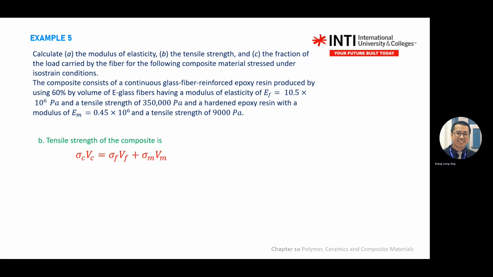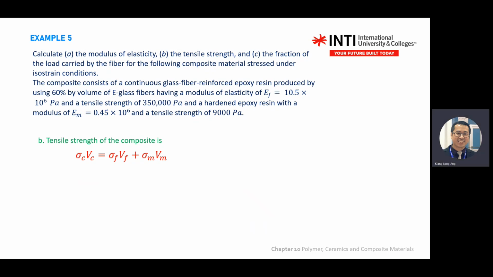What about B? B is also the same. The composite will equal to the fraction of fiber plus matrix. But here you use sigma, because it asks you about tensile strength. Sigma, you know VC, composite, is 1. Fraction is 1, so that's why you can use this equation. Composite will equal to fiber plus matrix. The stress of fiber is already given in the question.